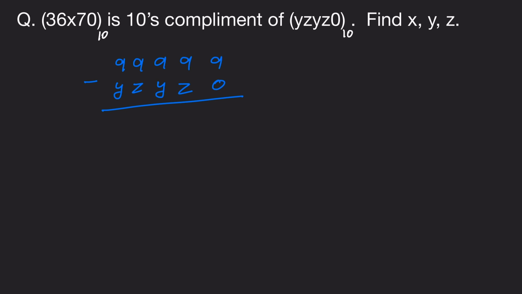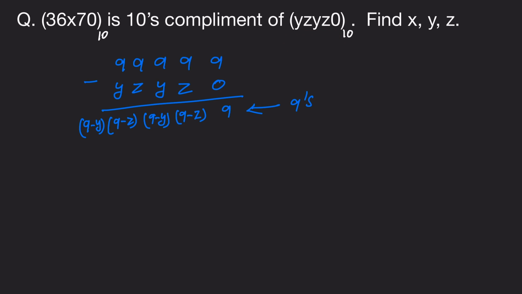So it is 9 minus z, 9 minus y, 9 minus z, and 9 minus y. So this is the nines complement of the given number.